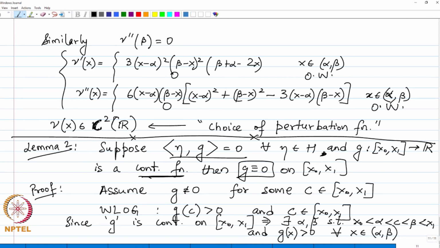So, what we have done is, we have found an open interval alpha beta where g is non-zero.